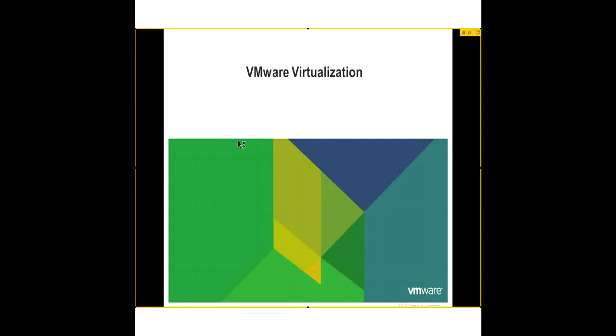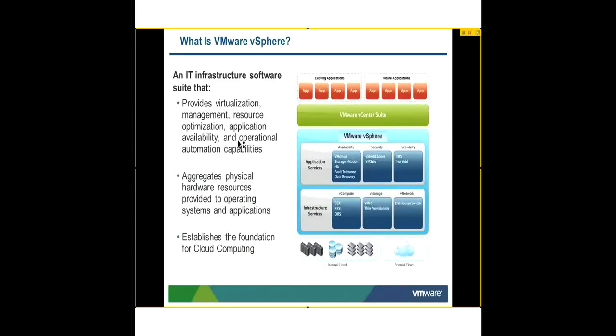All right, so first thing, really quickly, we're going to look at and talk about VMware virtualization. The key part of VMware virtualization is something called vSphere. And vSphere is a suite of software that VMware provides. And the key thing it does is in the second bullet item here. It takes your physical resources and aggregates them, lets you not worry so much about the boundaries.